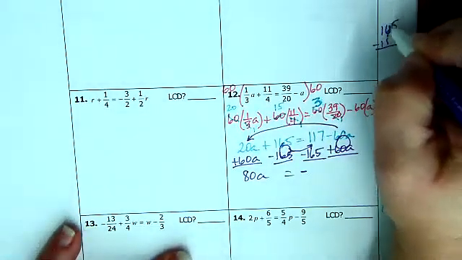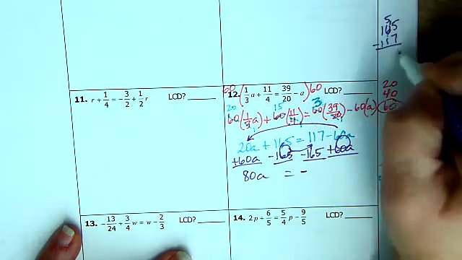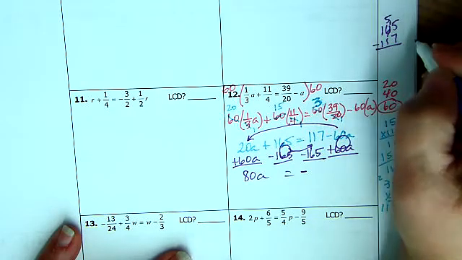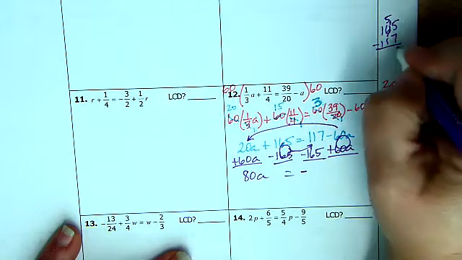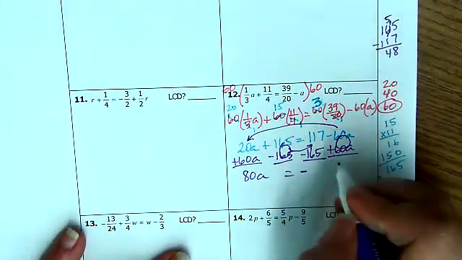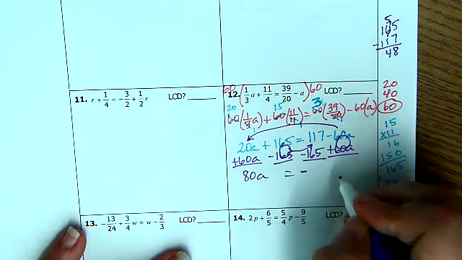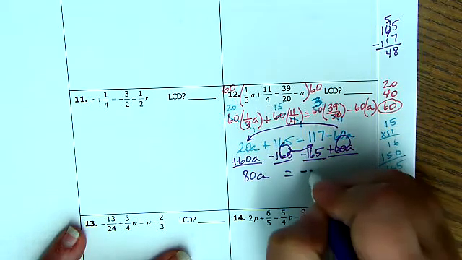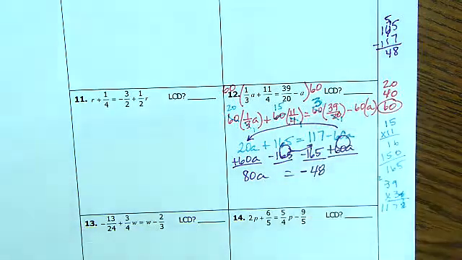Oh, minus 7 can't do, gotta borrow. So we have 15 minus 7. What, am I drawing a blank? 8. 4. So 48. Oh, and remember that's a negative 48.